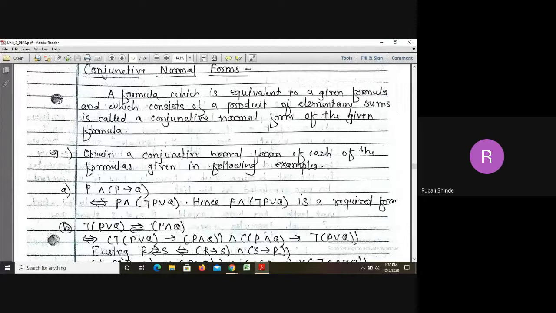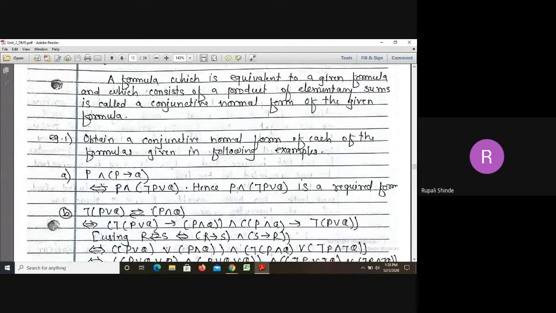The question is given as: obtain a conjunctive normal form of each of the formulas given in the following example. So again, the same example is given, P and P conditional Q. So again, we have to convert this conditional into an equivalent form as negation P or Q. So this answer will be P and negation P or Q. Now check here. This is now in CNF form because what is our condition for CNF?